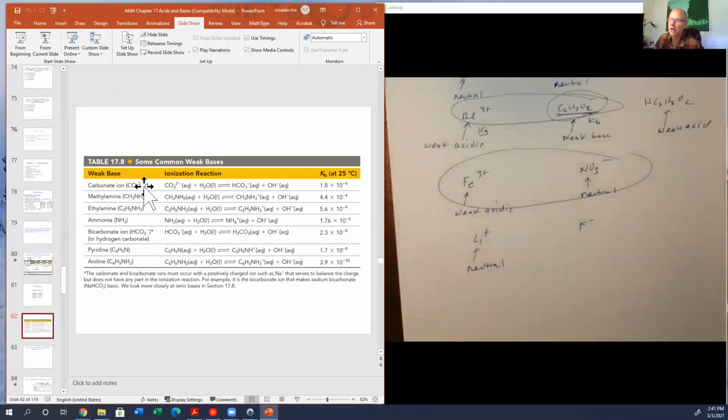And of course, there's still a lot of other weak bases that we're talking about here, which are ions, right? But these are important enough that they made the table, okay? But there are other ones as well. But how do you recognize weak bases? They're basically derivatives of ammonia. Okay, so they're going to be either ammonia itself or a hydrocarbon with nitrogen. That's how you recognize them.